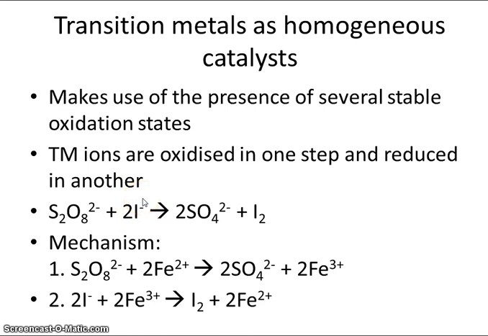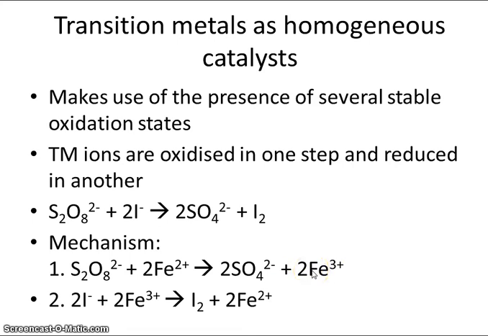So we get this reaction occurring here. So the iodide ions get oxidized to iodine, and the Fe3+ is reduced back to Fe2+. So at the end of the whole process, the Fe2+ is left chemically unchanged. Fe3+ is present simply as an intermediate at the end of that first step.